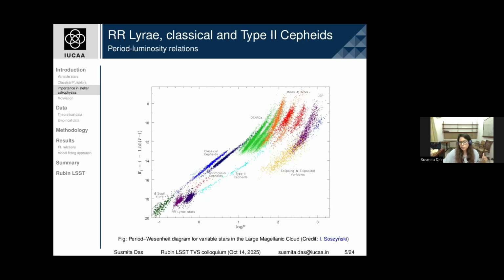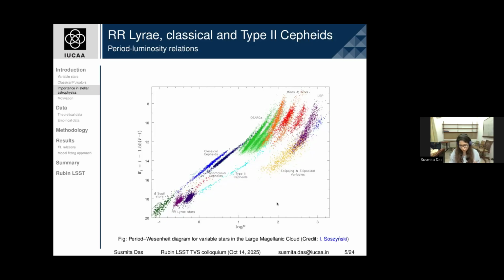That is the population 1 distance. Now, there can be an alternative distance scale that comprises RR Lyrae, type 2 Cepheids in combination with the tip of the red giant branch. So potentially, this forms the population 2 distance ladder as an alternative to the more conventionally used classical Cepheids.